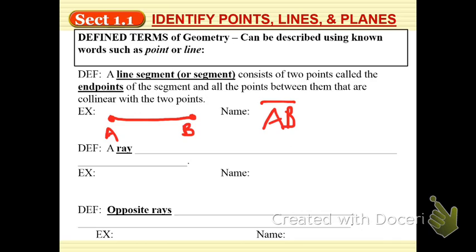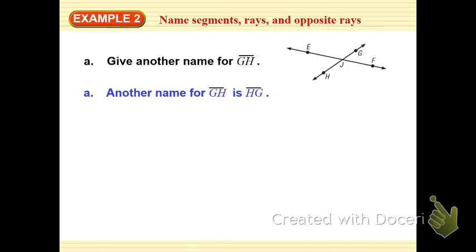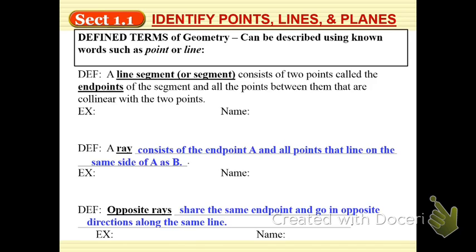A ray is the next term. A ray consists of an endpoint A and all the points that lie on the same side of A as B. All the points on the same side of A as B. Now, let's draw the ray they're talking about.